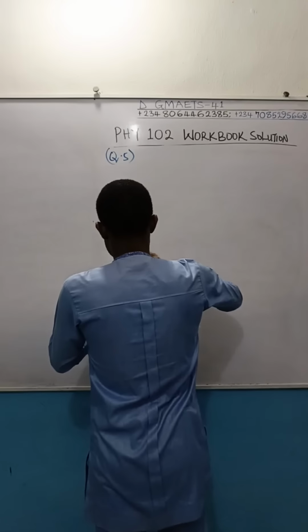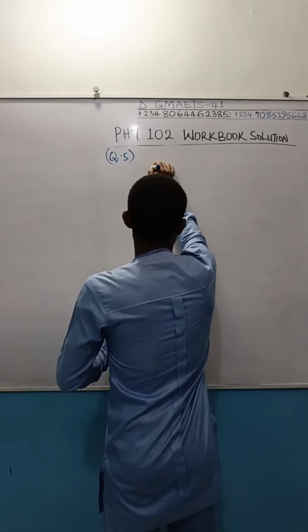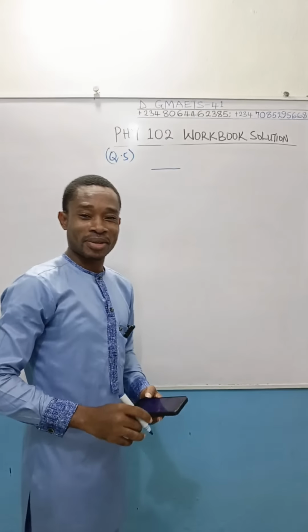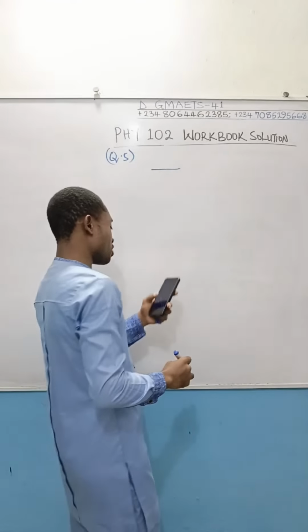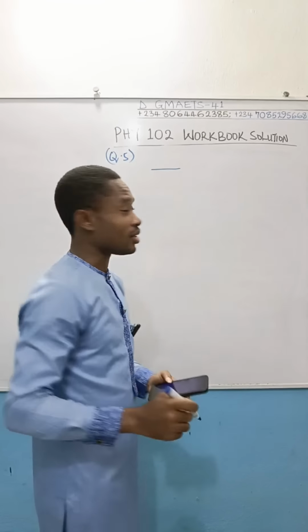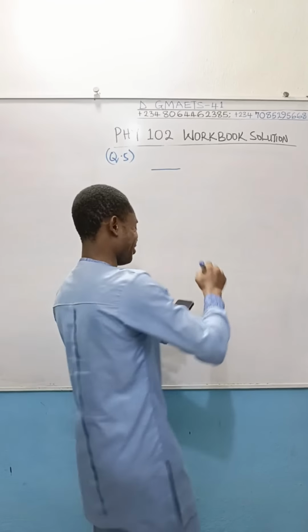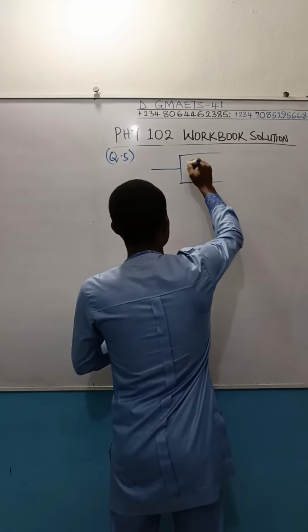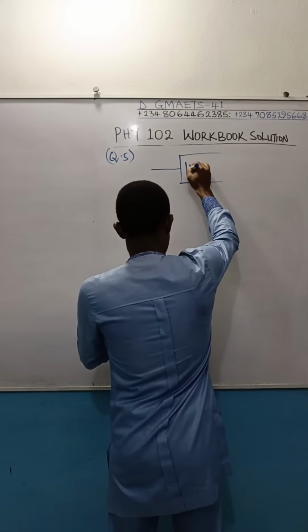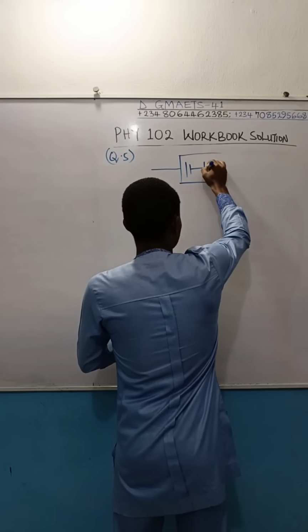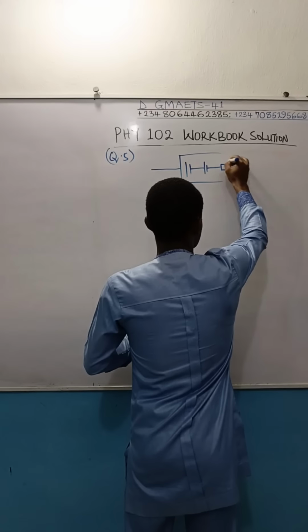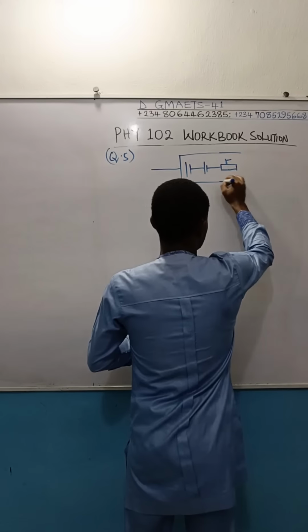I will just draw this diagram because we have this particular circuit given. We are still in current electricity. So we have this diagram, and this is the cell. Then we have this resistance, that's the internal resistance of the cell.